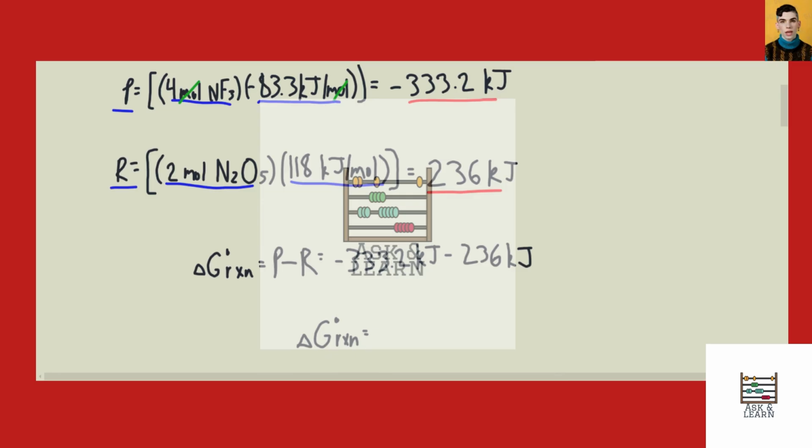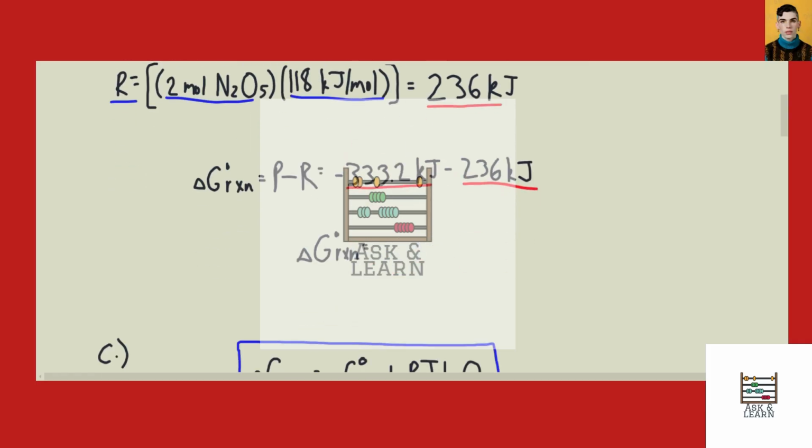And then we take the total Gibbs free energy change of the products minus the total Gibbs free energy change of the reactants. And when we do that, we get a final answer for delta G of reaction to be negative 569 kilojoules. And that is our final answer for part B. And again, this is delta G of reaction at standard conditions, denoted by this symbol.